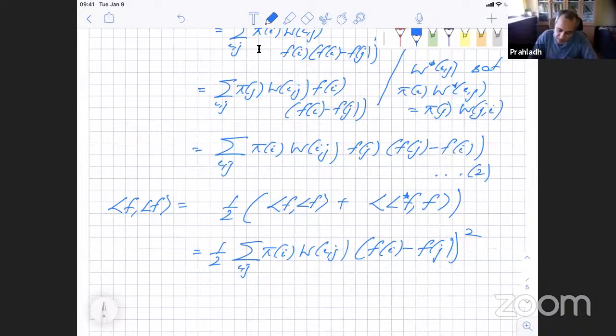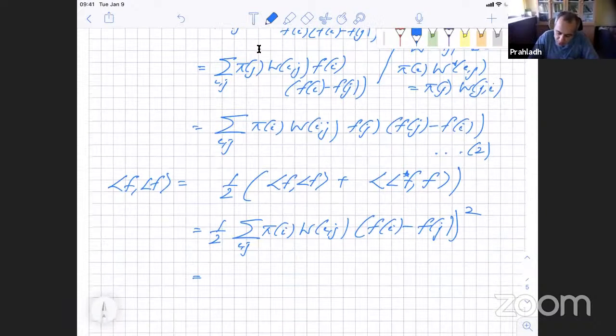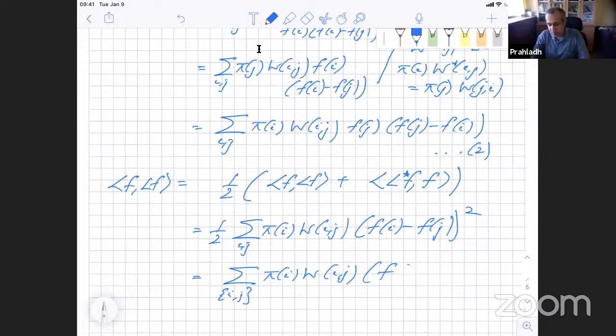So the cleaner way to write this is not over ordered pairs ij, but to write over all unordered pairs ij instead of ordered pairs, and then drop off the 2. So this summation is over all unordered pairs.